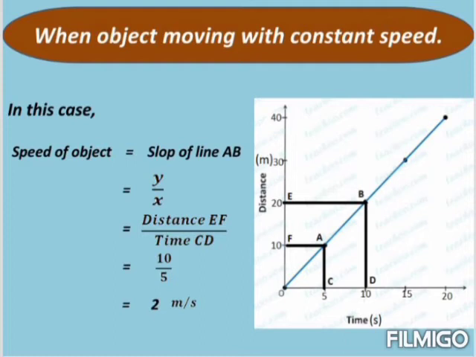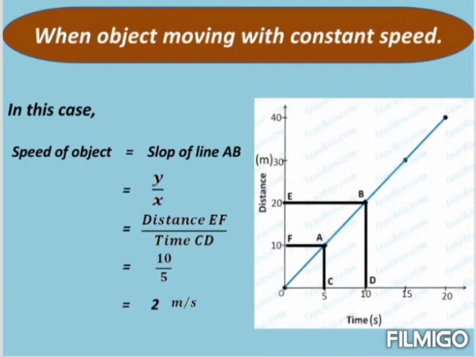So we use the formula that the speed of the object is equal to the slope of line AB. The formula for slope is y divided by x. Y is the distance between E and F. The value of F is 10 and the value of E is 20. This is divided by time, and time is CD.